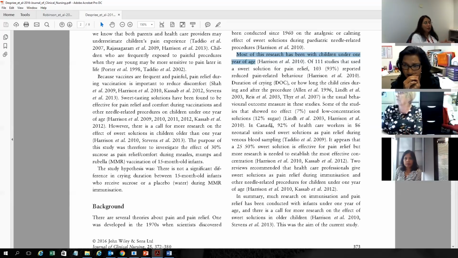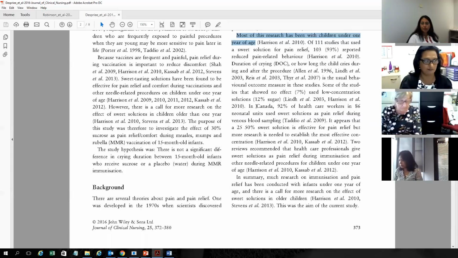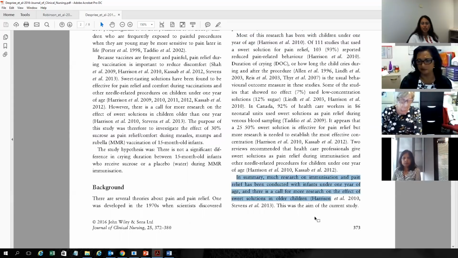So there has been previous study on this issue, but it has focused mainly on children under the age of 1. So therefore you need a study that focuses on children above the age of 1. So that's what this particular study is doing. And then again, there is a call for more research, etc.